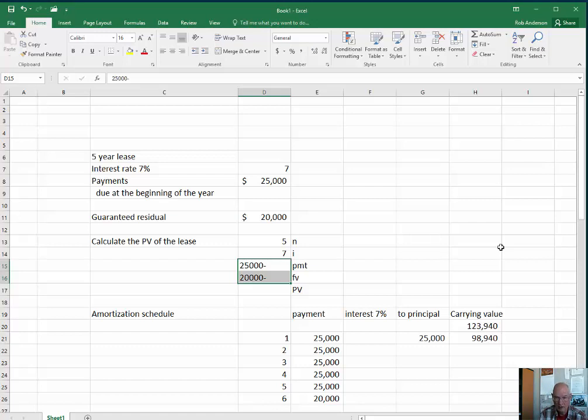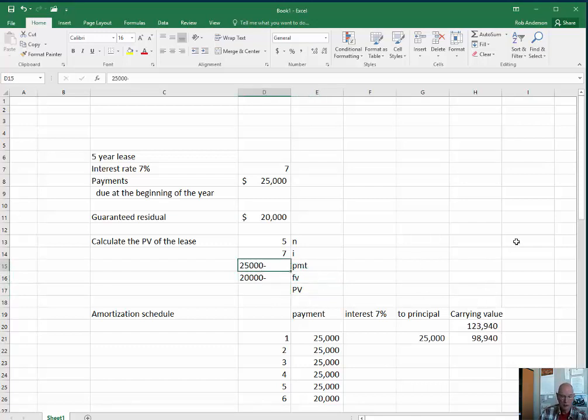You give the lessor $25,000 a year, and you also give at the end $20,000 worth of equipment or cash and equipment combined. So if you put these as a minus, indicating an outflow, then your present value will be positive. So let's do it that way.